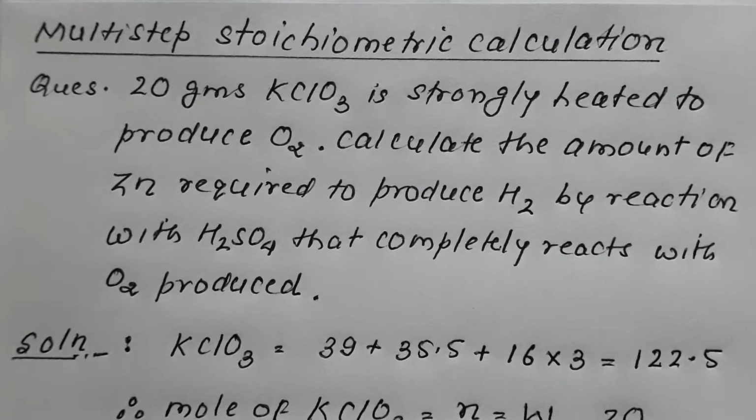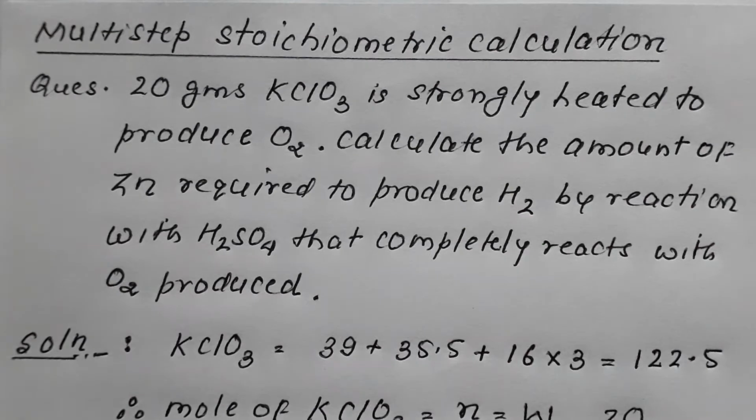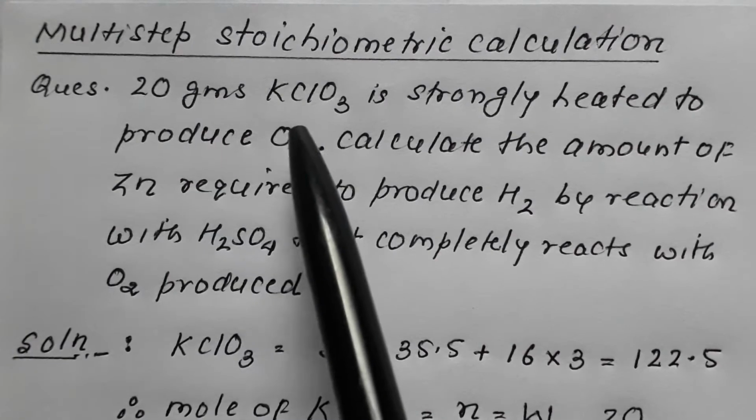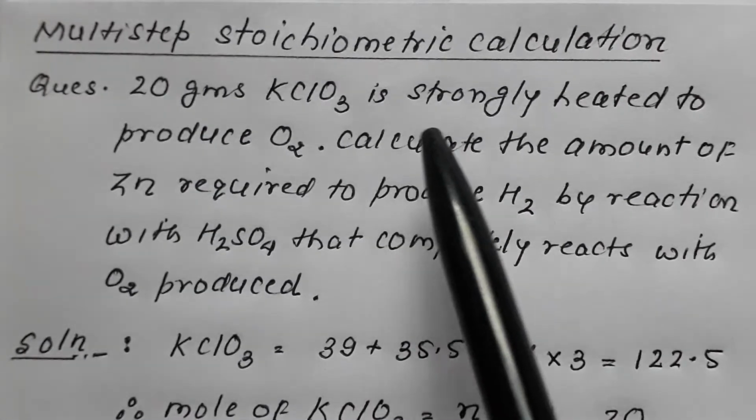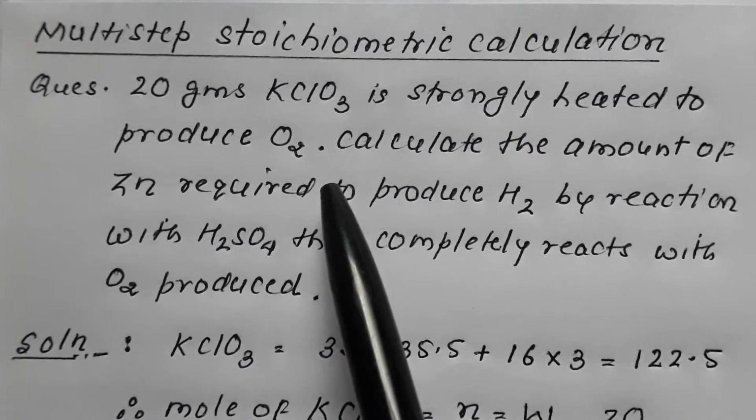Now we are dealing with those stoichiometric calculations that involve the multi-step calculations. So just to make it clear, let us take an example. Suppose the question goes: 20 grams of KClO3 is strongly heated to produce oxygen.